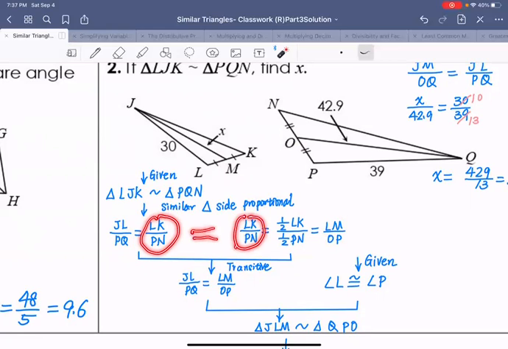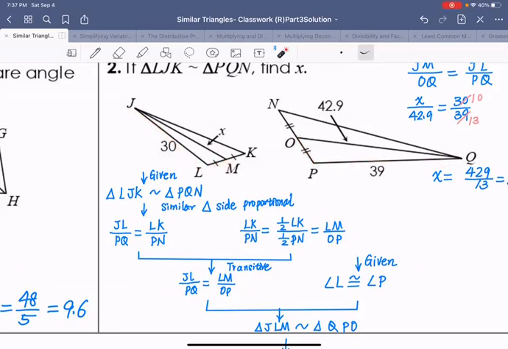Yes. This equals this. So these two are equal. Make sense? Yeah. Okay. Read this, please. JL over PQ equals LM over OP.